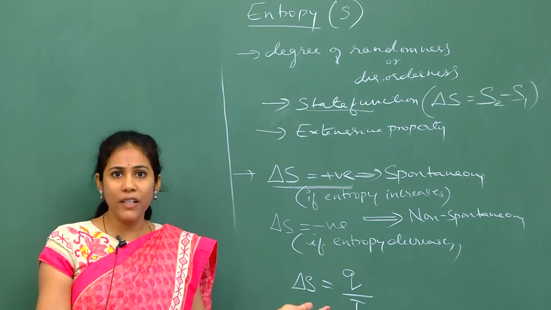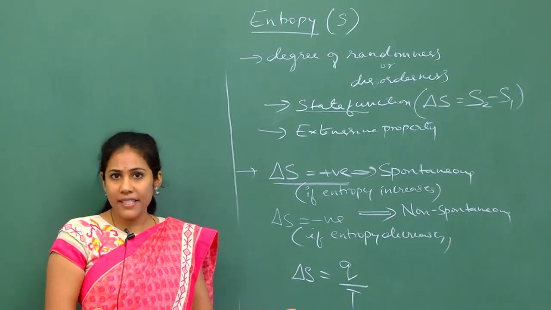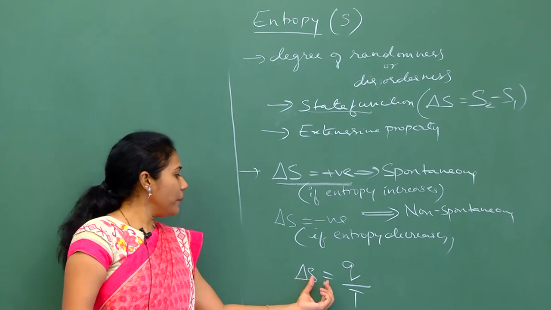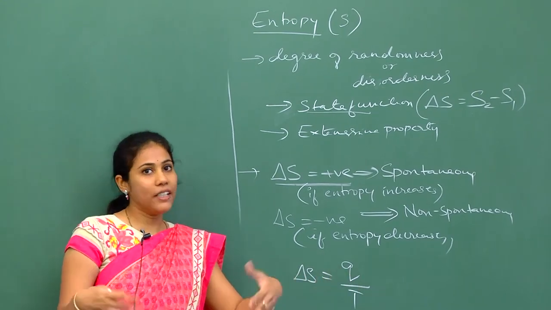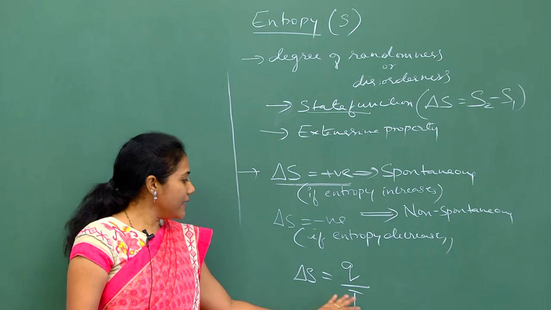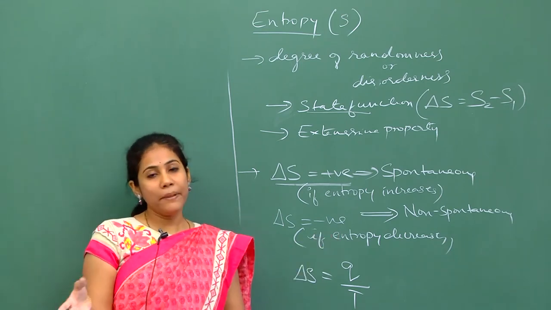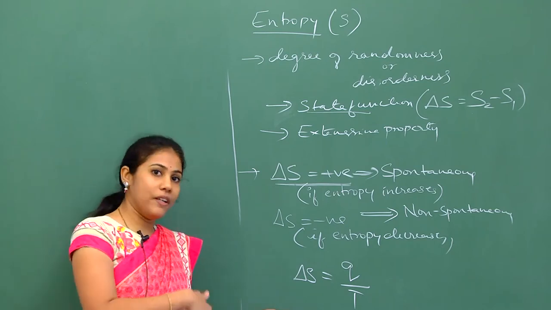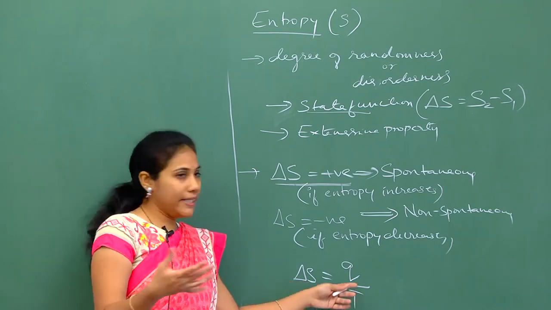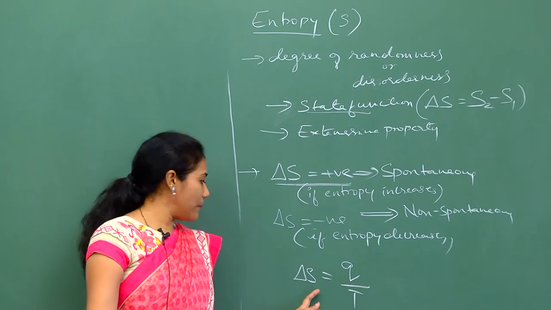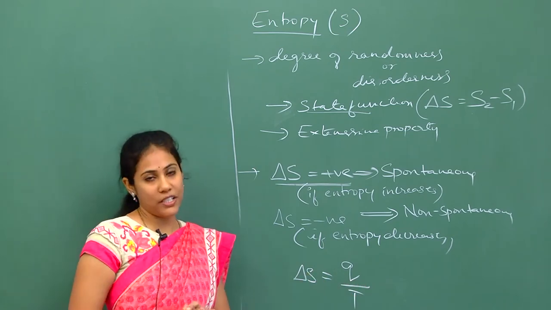More randomly it will move, that means entropy will always increase. So change in entropy is directly proportional to the heat given to the system, and inversely proportional to the temperature. When the overall temperature is lower, you will observe higher entropy. When the overall temperature is higher, you will observe a smaller entropy change.